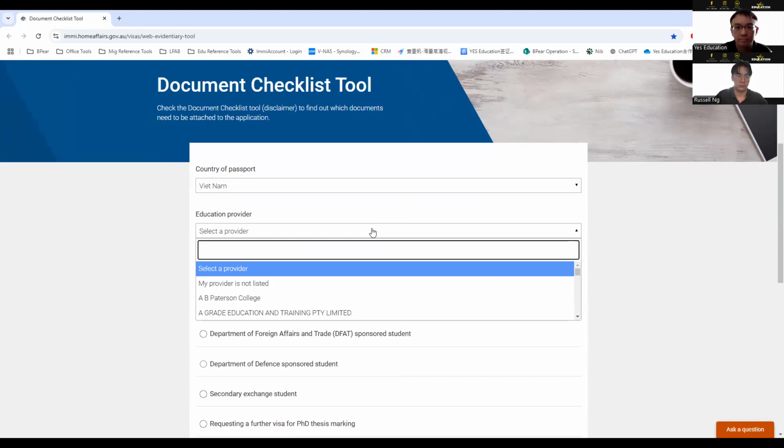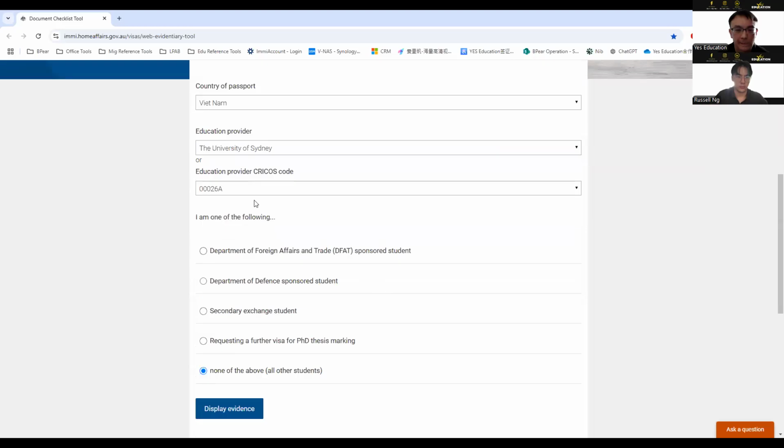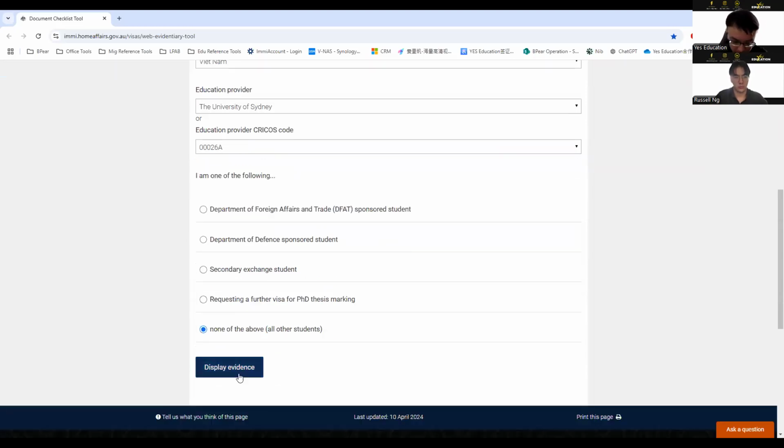For example, we put in University of Sydney. And then choose the type of student you are. Usually, in most cases, it's the last option, none of the above.